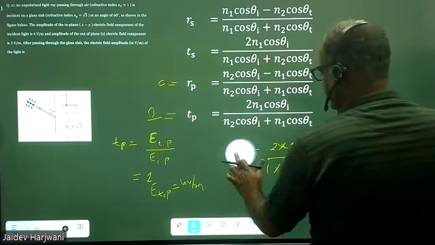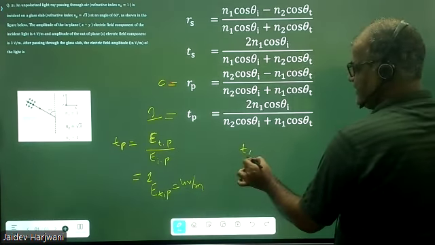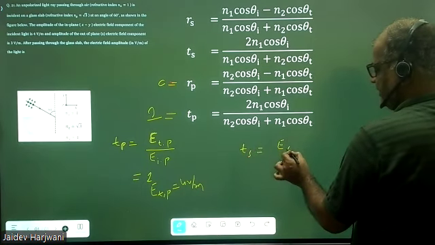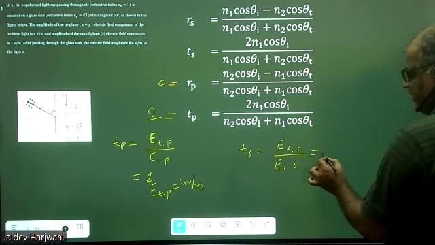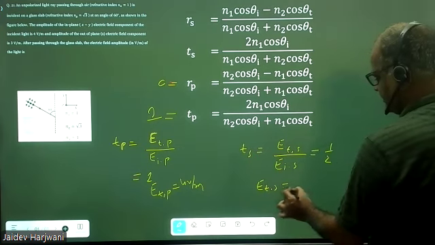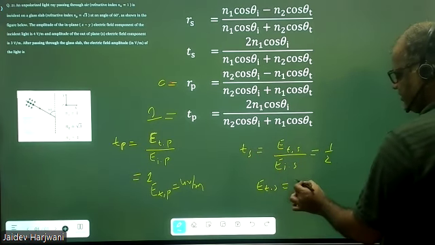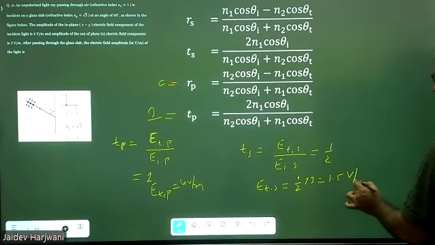So what does half mean? You have TS equal to ETS upon E incidence S, whose value is half. Now EIS is 3 volt per meter. So this becomes 1.5 volt per meter.